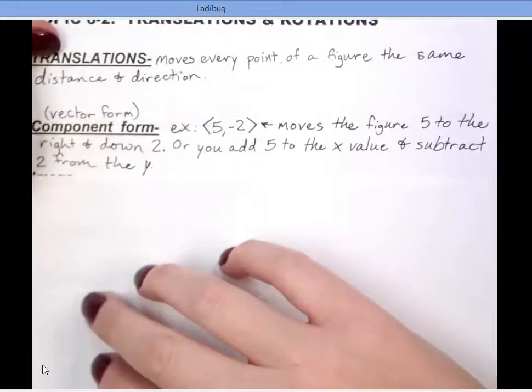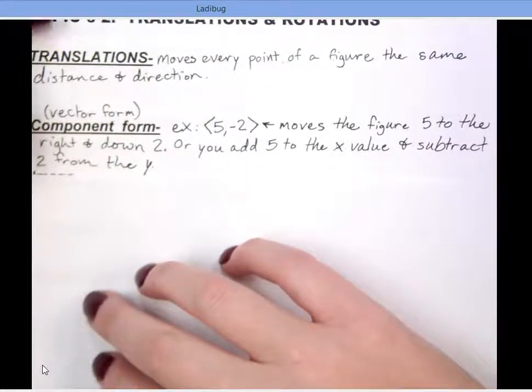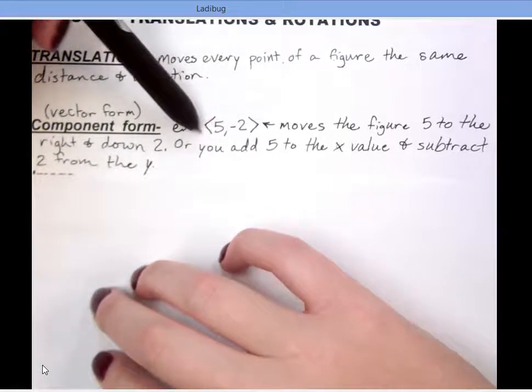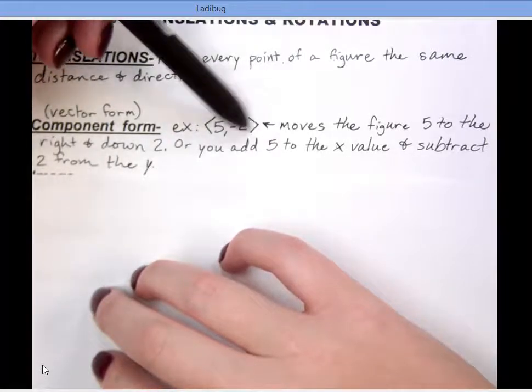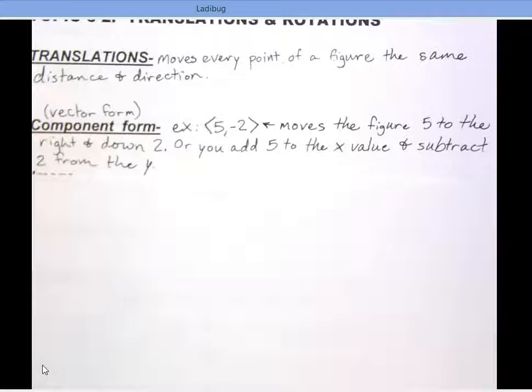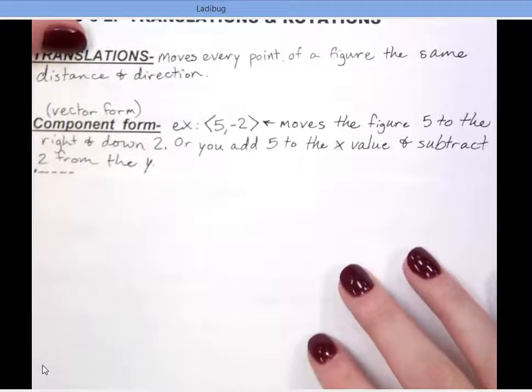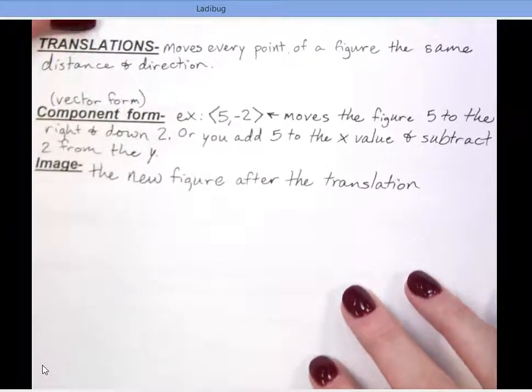Alright, so I'll give you a chance to write all of that down just so you have it. But anytime you see these instead of parentheses, then it's going to be component or vector form. Okay, if you need to pause the video to finish writing, you can do that.